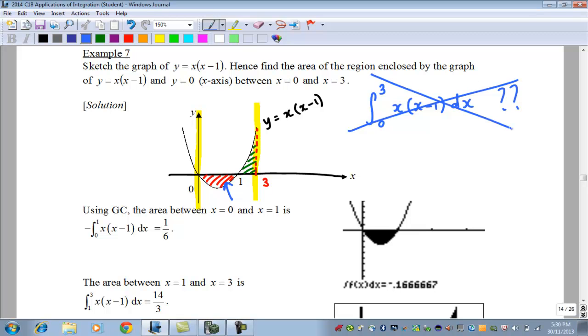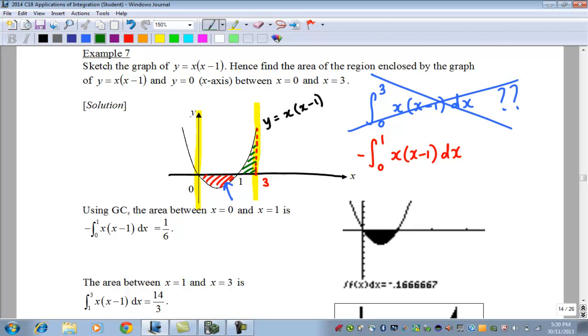So what we can do now is find the red shaded part and the green shaded part separately. For the red shaded part, I'm going to use red color. It has to be integration from 0 to 1 of the negative of the function. A negative I can bring outside, so I'll have x minus 1 dx, that's the red part.